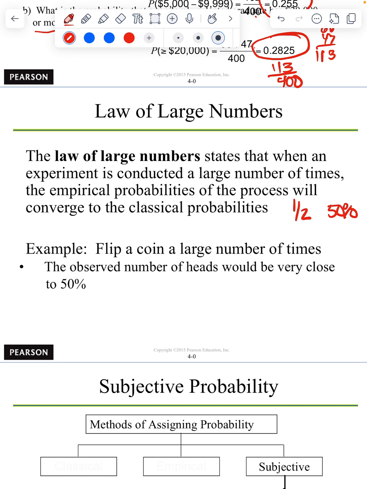So if I flip it 100 times, I may get more like a 50% outcome of 50 tails, 50 heads. So it's going to be much closer to 50% if you do 100 coin flips or 500 coin flips.